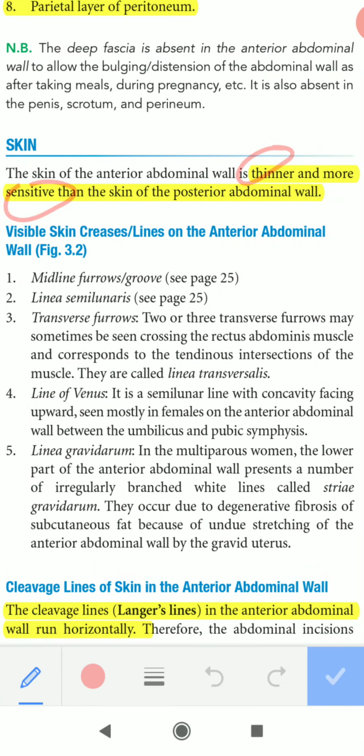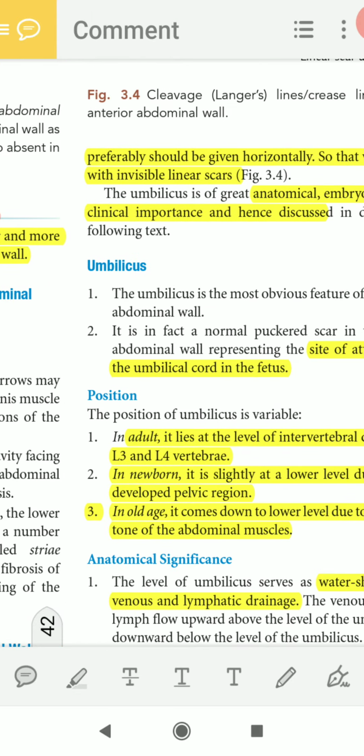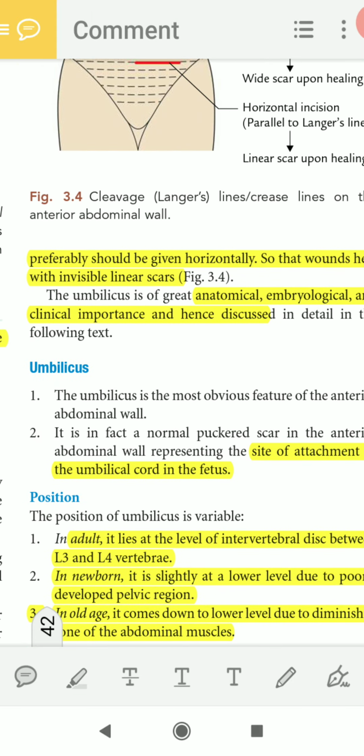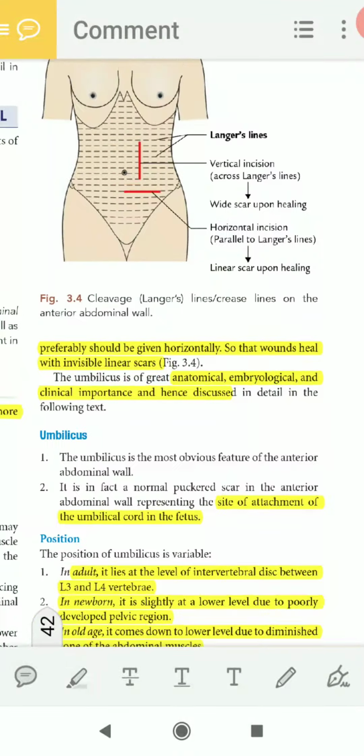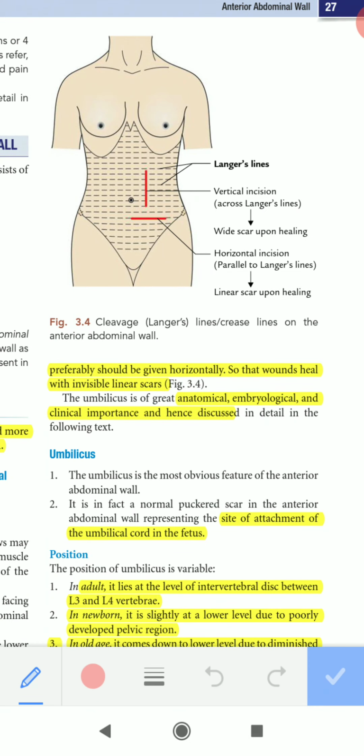That is Langer's line. What are Langer's lines? They are cleavage lines in the anterior abdominal wall, and these lines lie horizontally or transversely. Therefore, the abdominal incision for any operative procedure should preferably be made horizontally, so that the wound heals with an invisible linear scar.